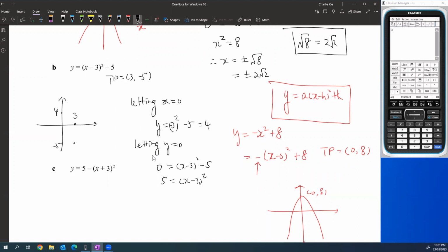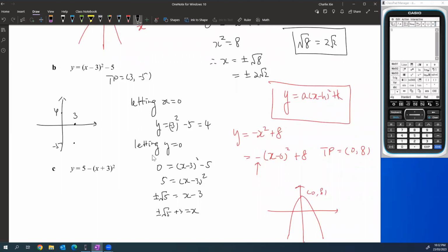If you expand the bracket, you're going to make the situation worse. So just unsquare both sides. You have plus or minus square root of 5 equals x minus 3. Then plus 3, you have plus or minus square root of 5 plus 3 equals x.